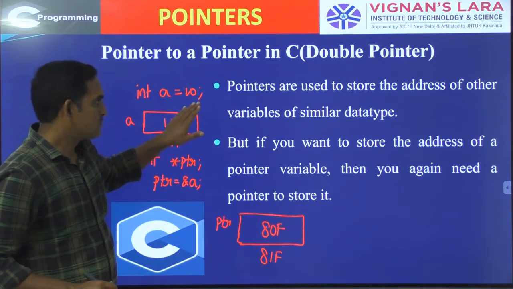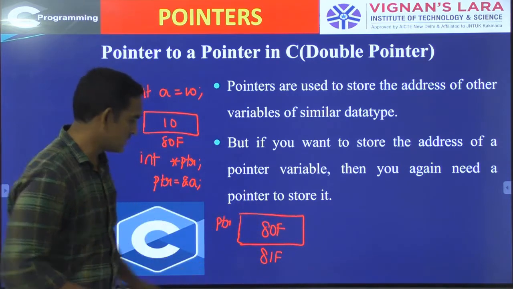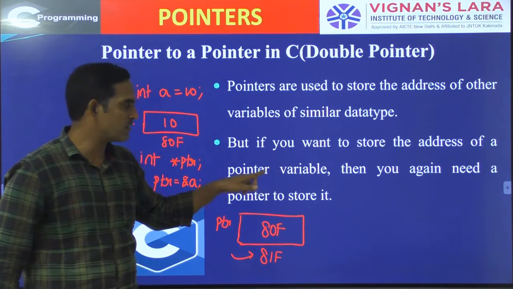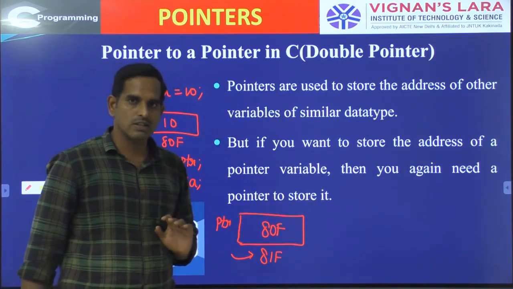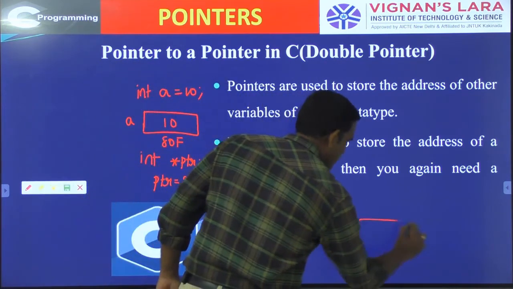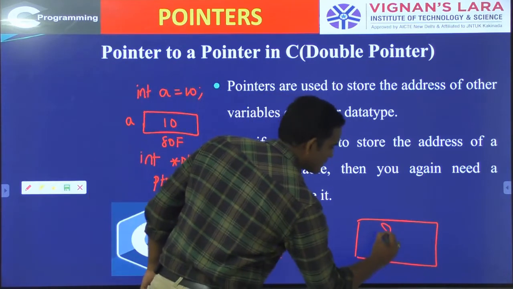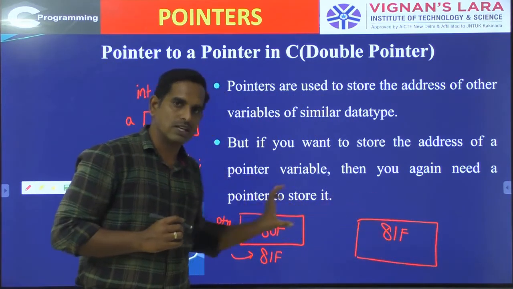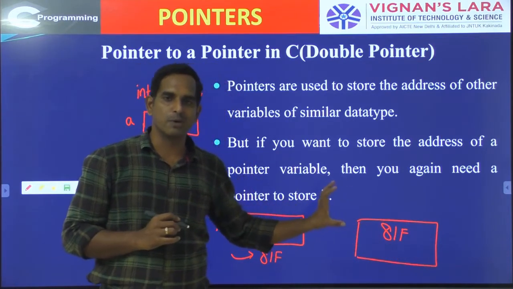Now, if you want to store the address of a pointer variable, then again you need another pointer to store it. This pointer, which stores the address of an already existing pointer, we call a pointer to a pointer.